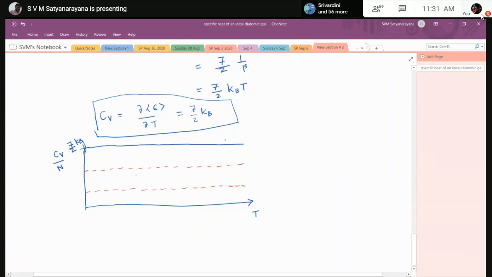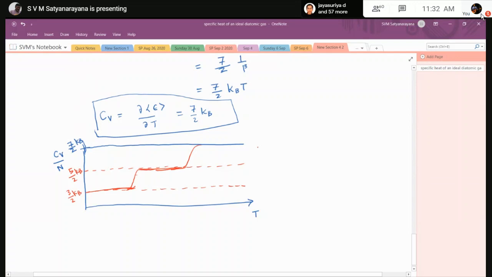Okay. So experiment will show this 7/2 kT at a very high temperature, and then at some temperature it deviates from that, and then comes to this curve, and it remains on this curve up to some temperature, and then it again falls off. And this is 5/2 kB, and this is 3/2 kB.